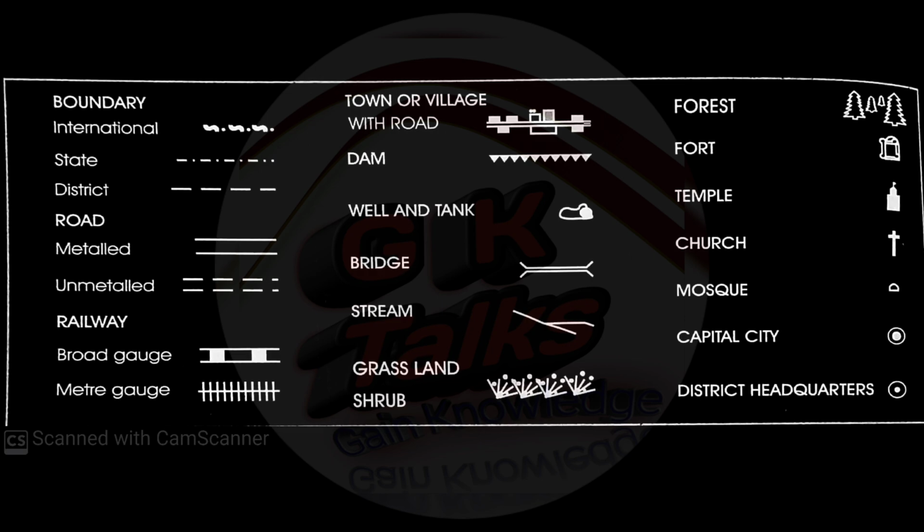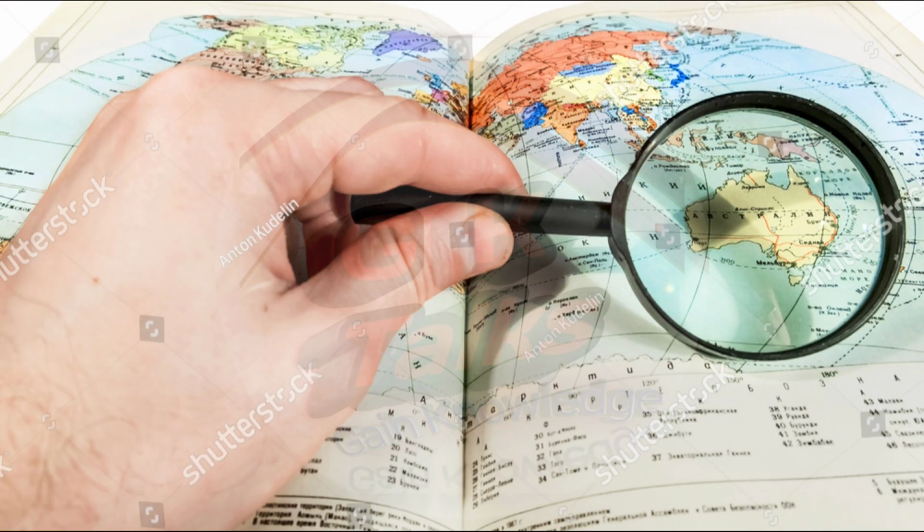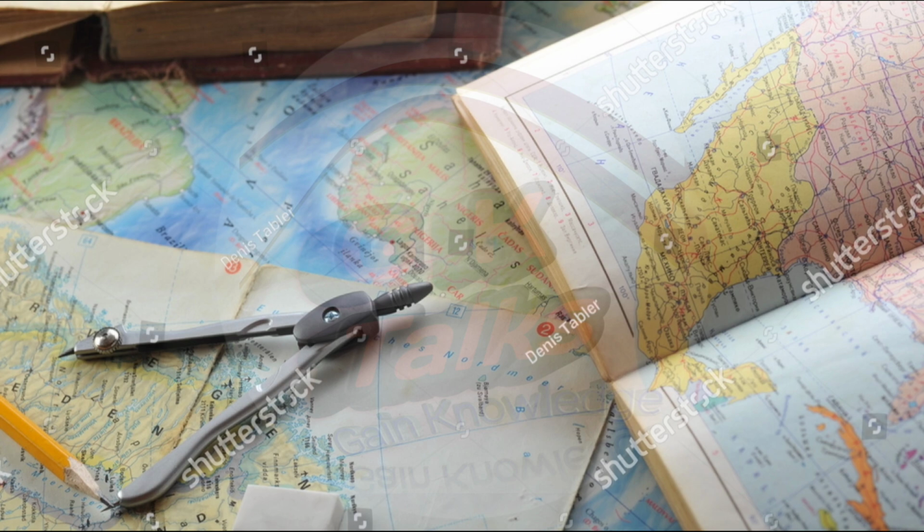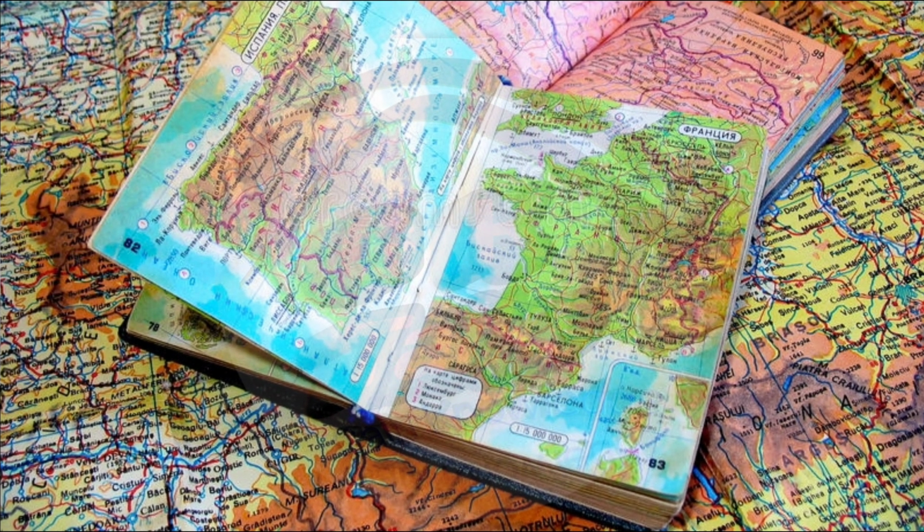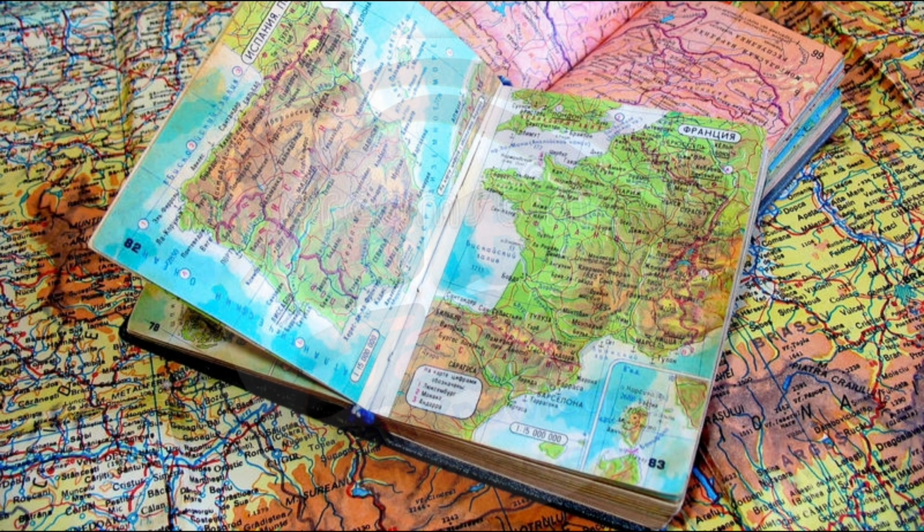So in short, to sum up this chapter, we can say a map is a representation of Earth's surface or part of it on a flat surface. Physical maps show physical features of continents, plains, rivers, etc. And political maps show the boundary of different countries, states, etc. The north, south, east and west are called cardinal directions, and maps are drawn according to a scale which represents actual distances.